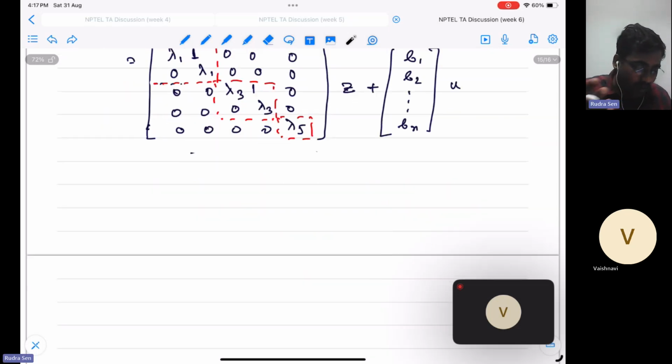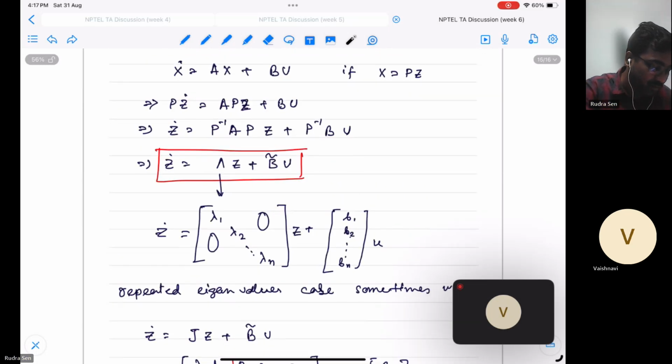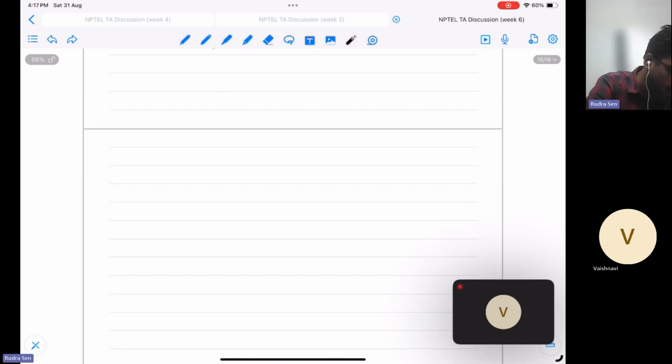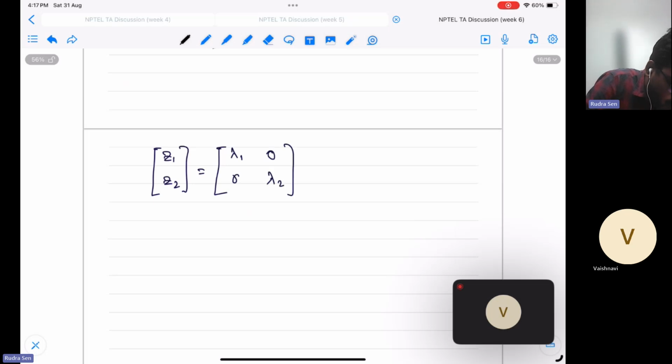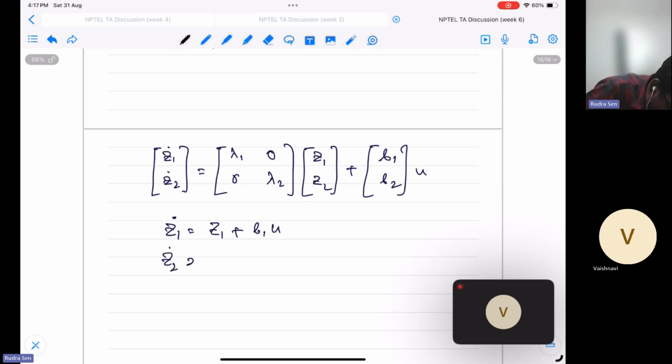So why is this so? Let's say I have a 2 cross 2 diagonal system, lambda 1, 0, 0, lambda 2, with states Z1, Z2 dot, and B1, B2 as B. So you can see Z1 dot is basically lambda 1 Z1 plus B1 u, and Z2 dot is basically lambda 2 Z2 plus B2 u.